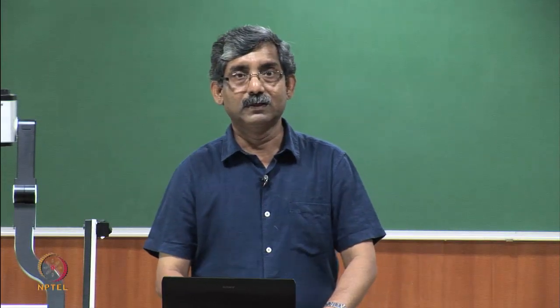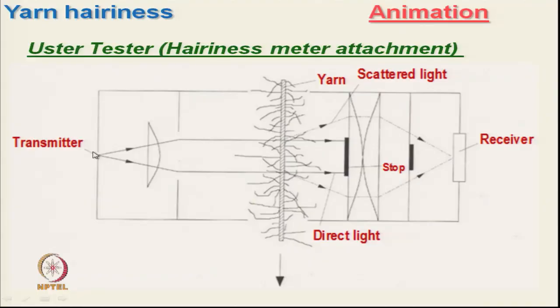Here this is the transmitter which transmits the IR light, and through this optical arrangement the parallel light goes and is blocked by this stop arrangement.